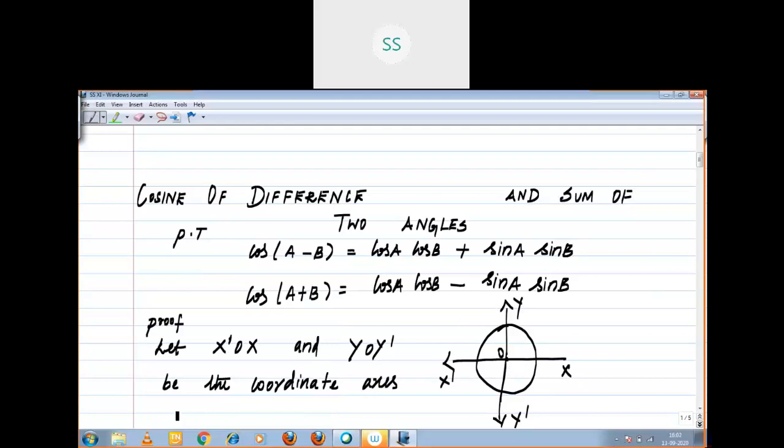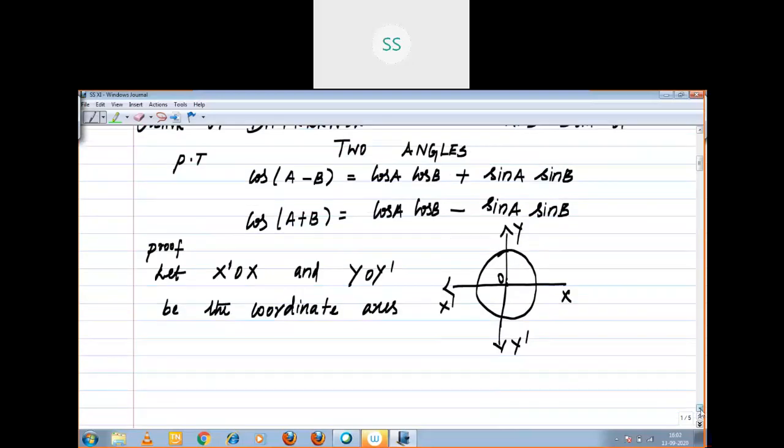Next, consider a unit circle. Unit circle means what? Radius is 1.